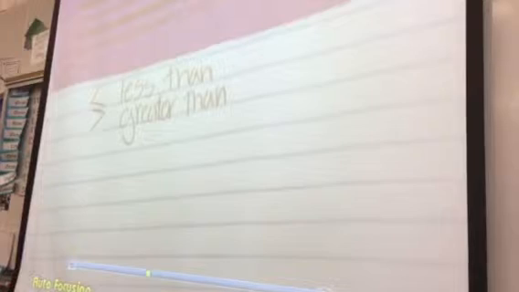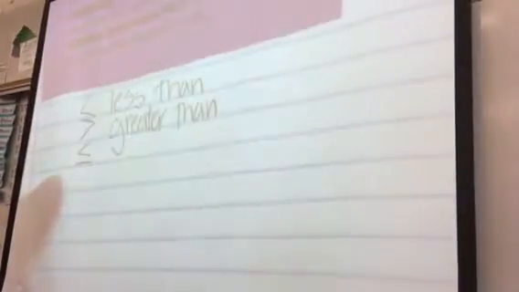Did you know that there are actually 4 types of inequalities? I'm going to put up 2 more inequalities, and I just want you to look at them and ask yourself, what is different about them? So here's one, and then here's the other. What do you notice about these inequalities?